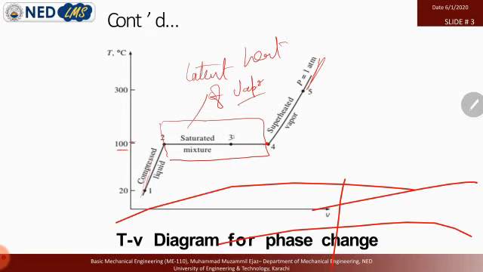When you are providing heat in this process, it is called latent heat of vaporization. When you are providing heat in this part, it is called sensible heat. And when you are giving heat in this process, it is also sensible heat. The phase change process is called latent heat.